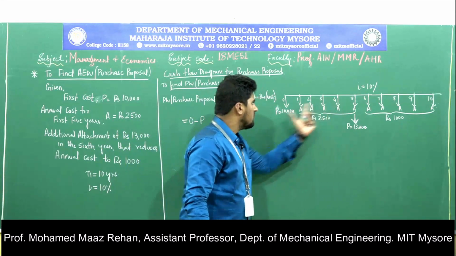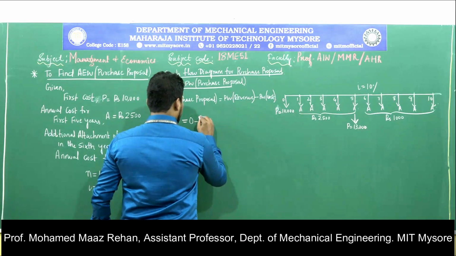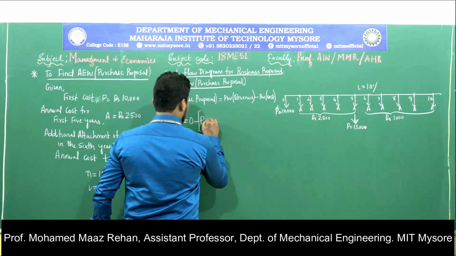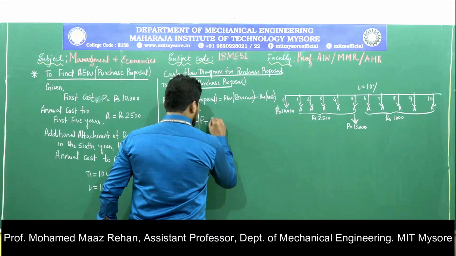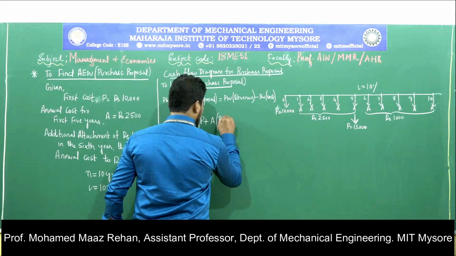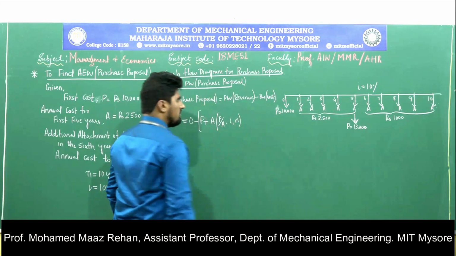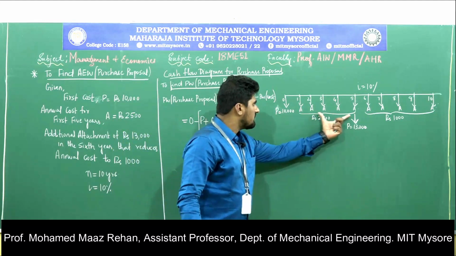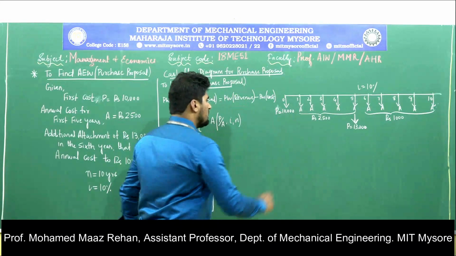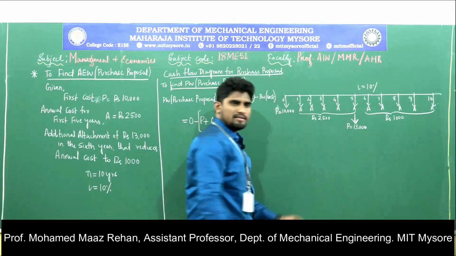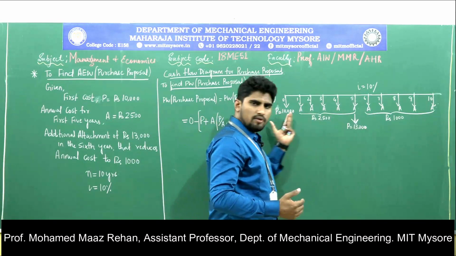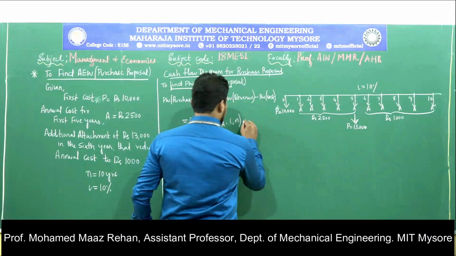This part, plus, I know what is A, to find P when A is known, I comma N. So this P you have to consider as future amount, then you need to convert to P.